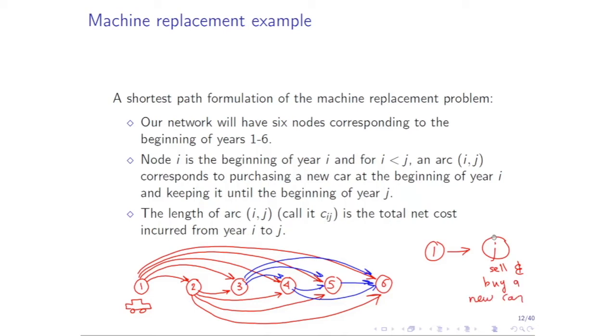So every edge from 1 to j means that this car that I already have, I will keep it until j, and then I will sell it.